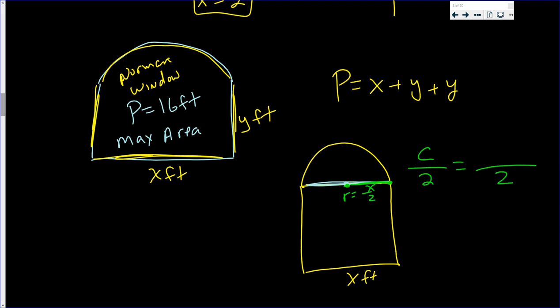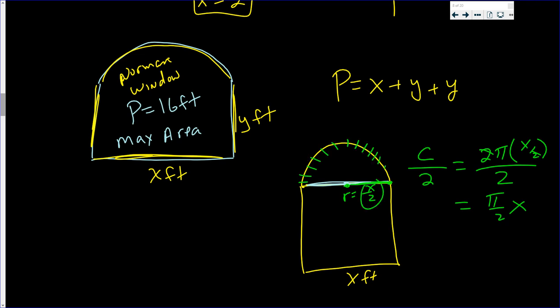And the formula for the circumference of the circle is 2 times pi times r. But I know r. It's X over 2. And this 2 and that 2 cancel out, so I get pi over 2 x. That is this distance around.